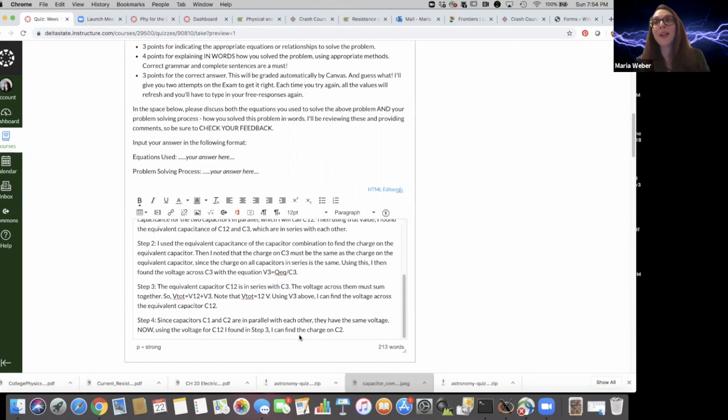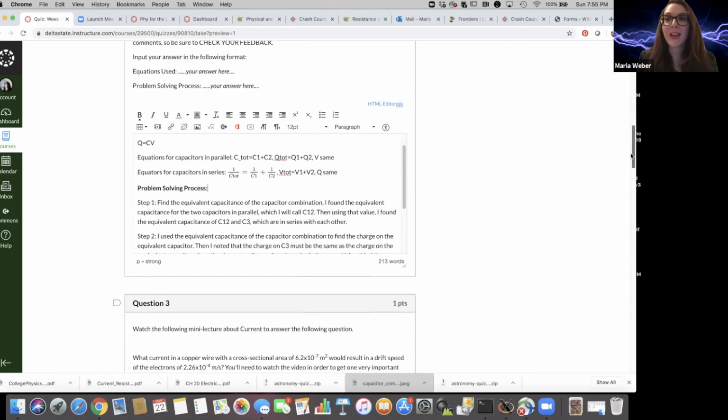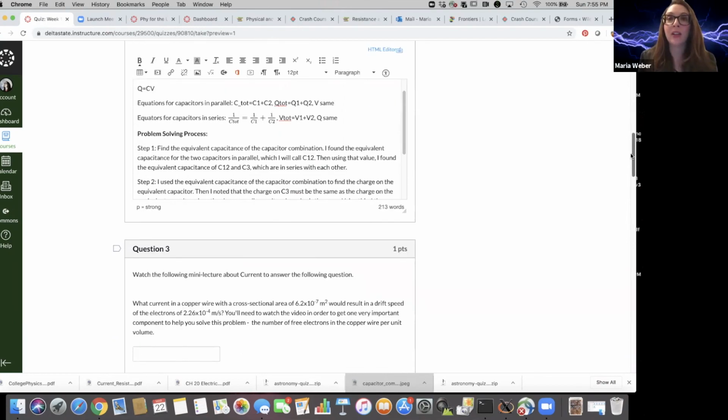I'm probably going to be pretty lenient when I grade these since this is a totally new thing for you, but that's why we're practicing it here. Don't copy and paste exactly what I've done here, but you can replicate it on your own in your own words, okay? I just wanted to go through an example of how to do this with you.